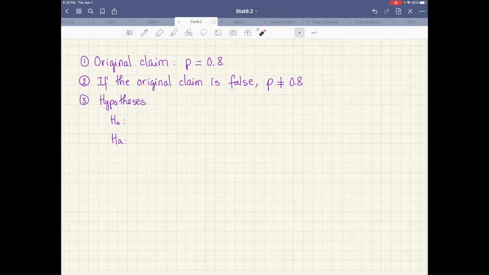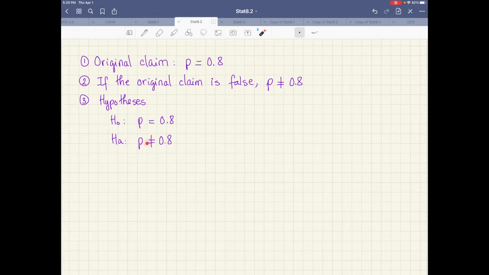The third step is to identify my hypotheses, H0 and HA. From the two statements in the first two steps, I take the one with no equal sign for my HA, and H0 contains the equal sign. To identify the type of test, we look at the inequality of HA.